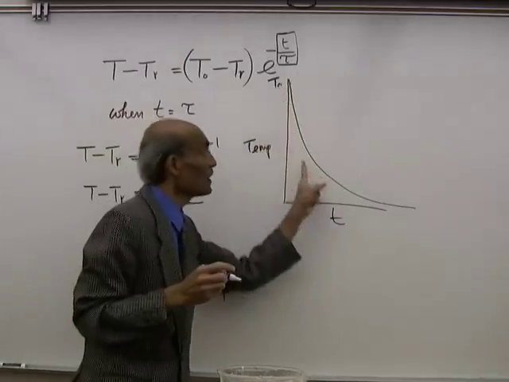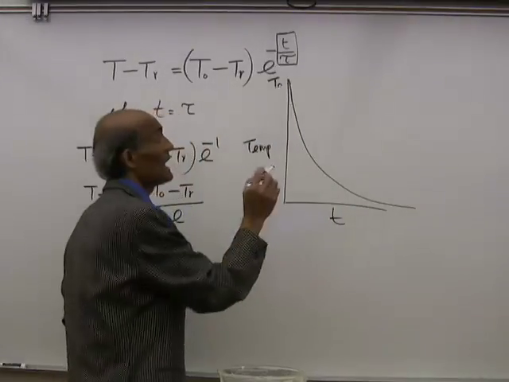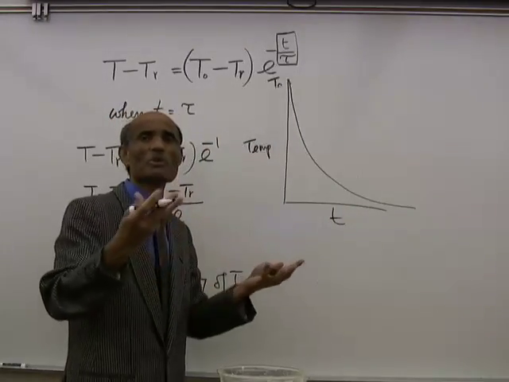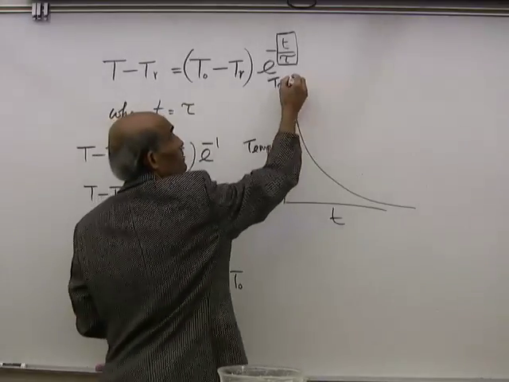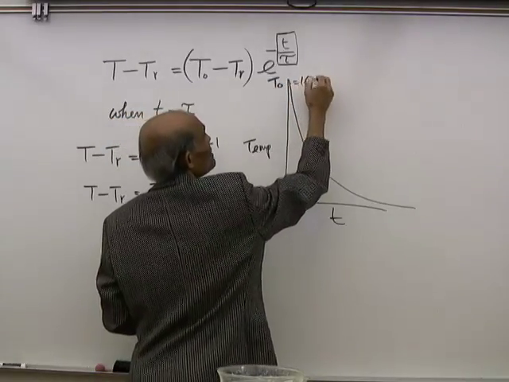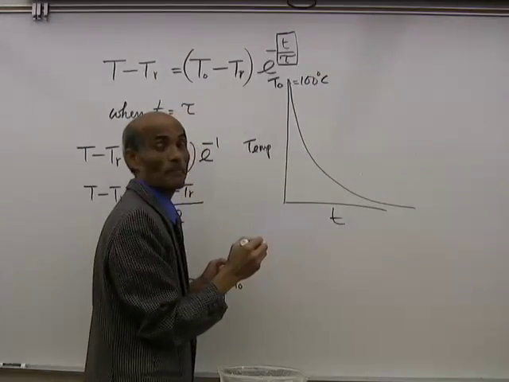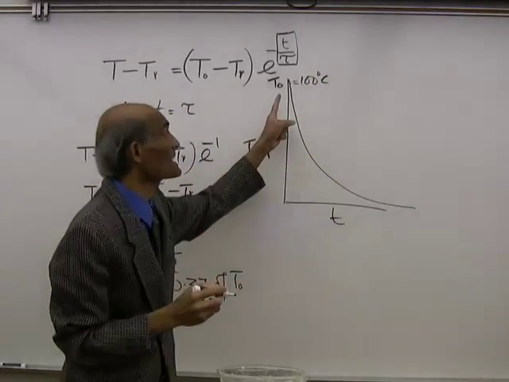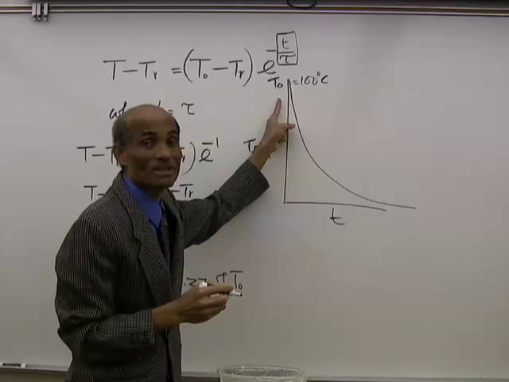So once you draw a graph like this, I'm going to give you a simple value. Suppose your T0 equals 100 degrees Celsius. Now, how do you find the time constant for this thermometer?